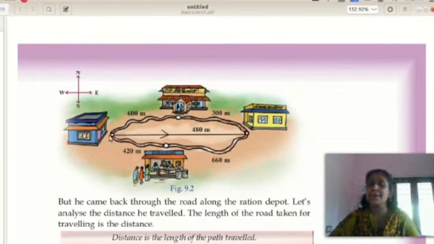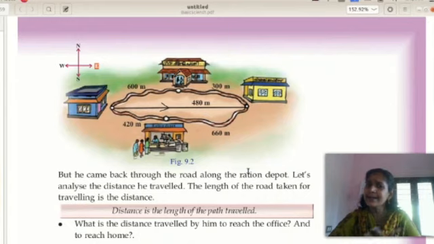If he travels from his home to the office in the east direction, then only the straight line distance will be equal to 480 meters, isn't it? Yes. So the straight line distance depends upon direction.